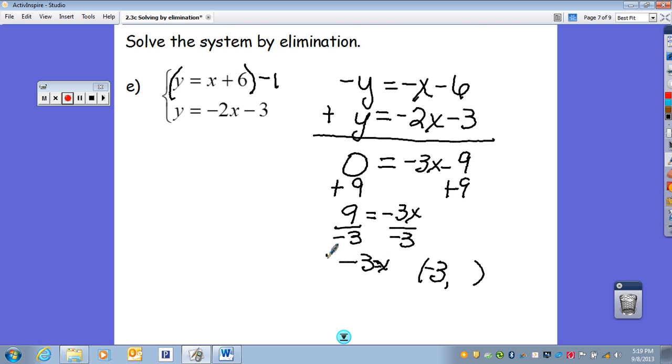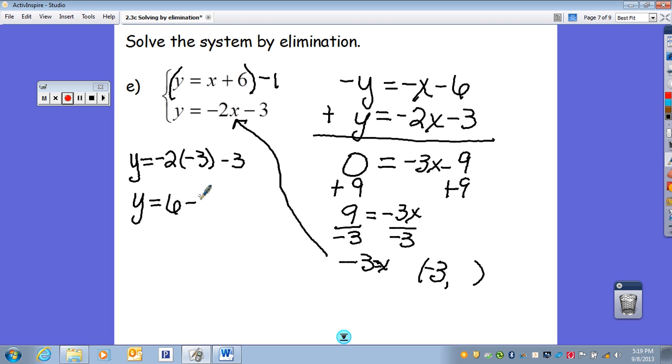Now I'm going to take the negative 3 and plug it into one of the equations. Doesn't matter which one, I'm going to go with the second one. So I have y equals negative 2 times negative 3 minus 3. So I have y equals 6 minus 3, so y is equal to 3, which is the other part of my ordered pair, the solution to my system.